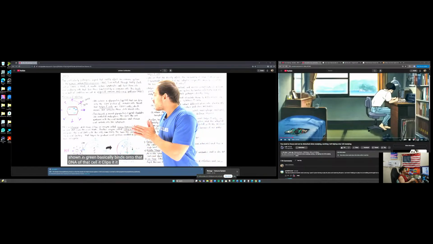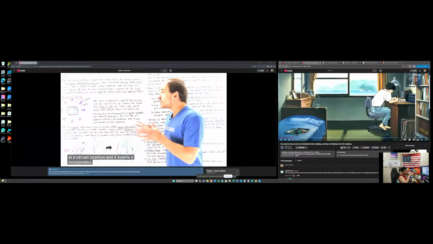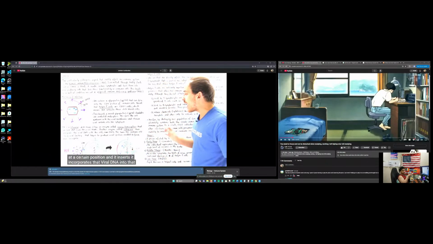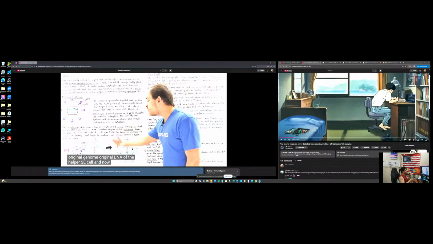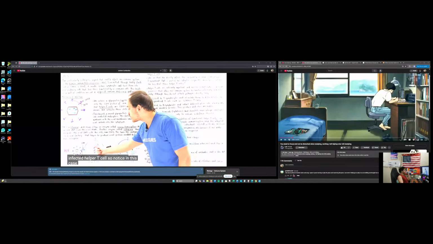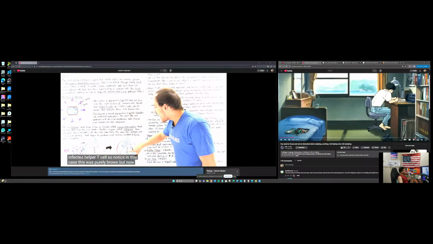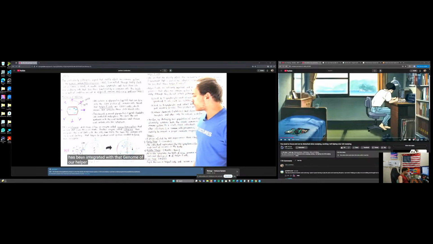It clips it, it opens it at a certain position, and it incorporates that viral DNA into the original genome, the original DNA of the helper T cell. And now, this is an infected helper T cell. So notice in this case, this was purely brown, but now a small piece of that viral DNA shown in red has been integrated with the genome of our helper T cell.